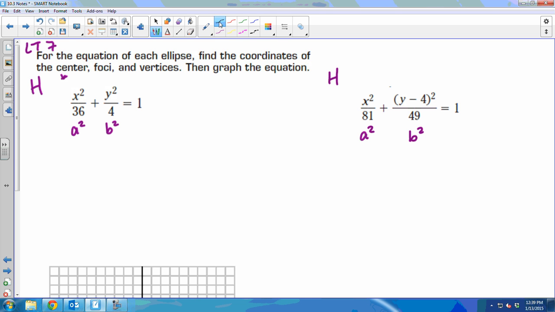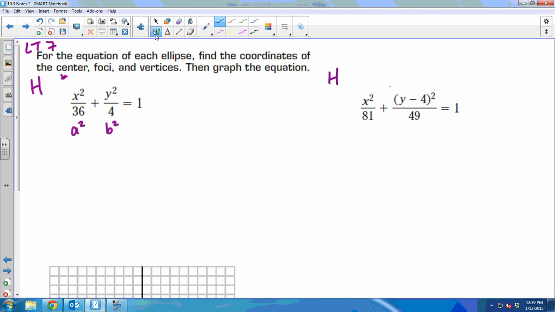Just for argument's sake, if these had been switched, then it would be vertical, and this would be a squared still, and that would be b squared. The larger number is always a squared.